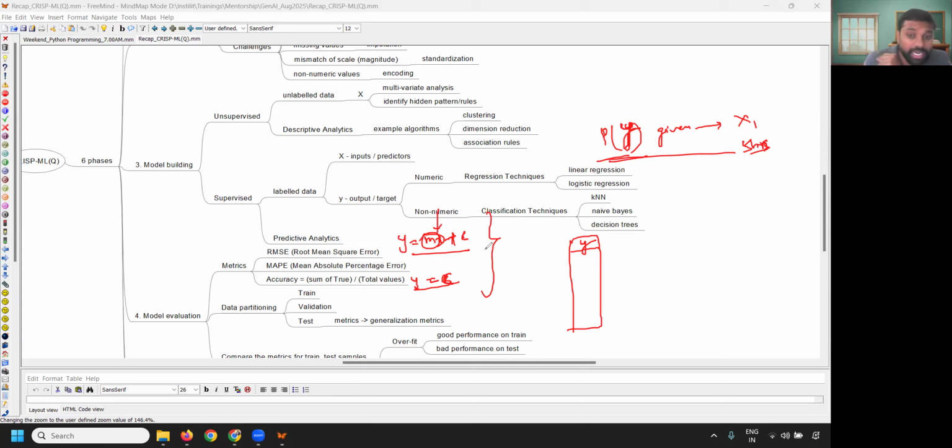But the outcome that we are looking at is not numeric in this case. This is a non-numeric case. So I cannot use y = mx + c, a mathematical equation which gives a value on a line, a continuous numeric value. That cannot be done in this case. So what we do is we put conditional probability logic.